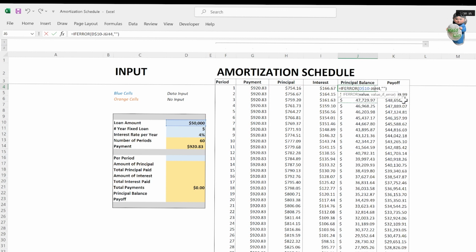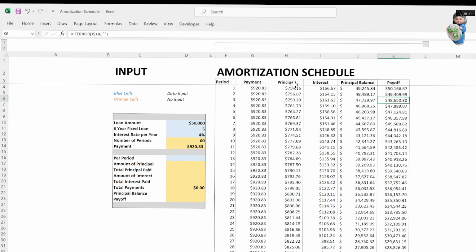Then going down over here, I need to change the formula a little bit, and I have to check the previous balance minus the new principal amount that I paid off. So the payoff amount is the same thing. I need to look at the balance here, and then add the interest back on there.